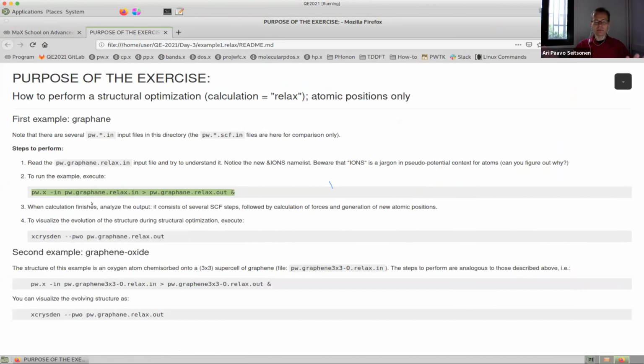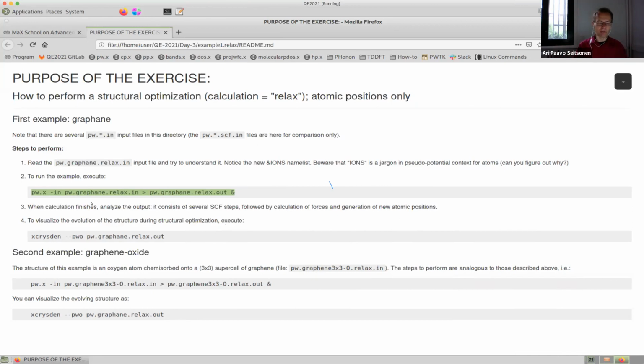And now, sorry, I forgot to mention, the idea is that in the first exercises we will synchronize. So we try to make sure that most of you, or every one of you, can follow the exercises. Then in the second half, after we have done this remote cluster part, we leave you more freedom. You can take your time, and you can discuss with the tutors. I will of course be available, but at the beginning we try to keep you synchronized.